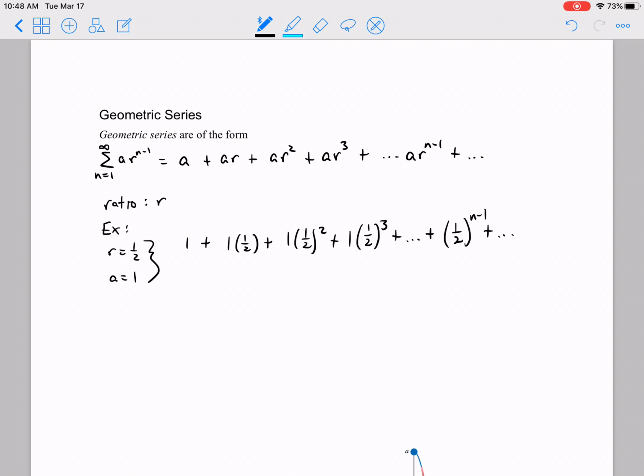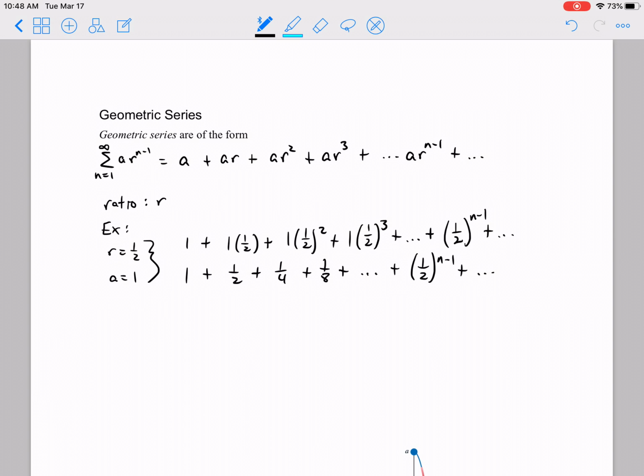And then that's going to be 1 plus 1/2 plus 1/4 plus 1/8 plus dot dot dot 1/2 to the n minus 1, and keep going like that. All right, so there's one.